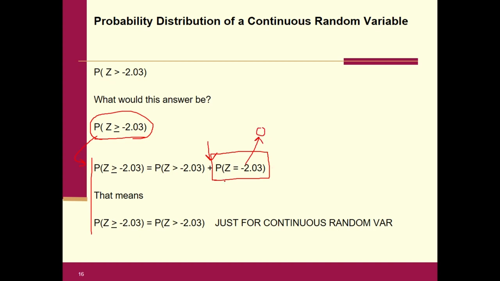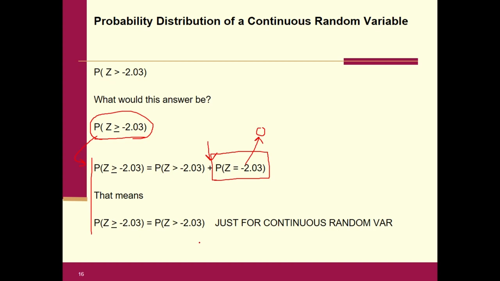This is 0. So if this is 0, that means the probability that z is greater than or equal to negative 2.03 is exactly equal to the probability that z is greater than negative 2.03.